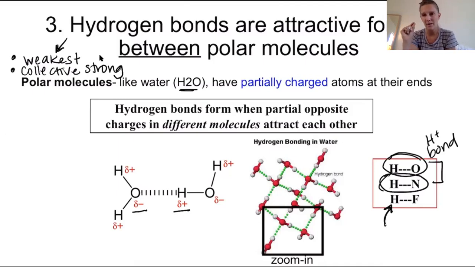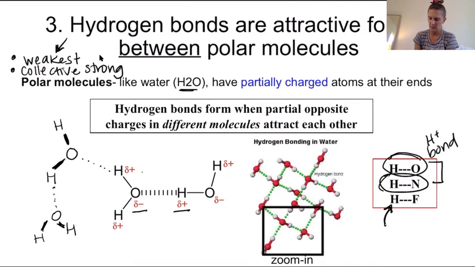When you see a dotted line, that usually indicates a hydrogen bond, right? So if we wanted to draw another water here, we would draw it like that. That's our hydrogen bond. We could do another one. Notice these lines are polar covalent bonds. The dotted are hydrogen bonds. So polar covalent, hydrogen.